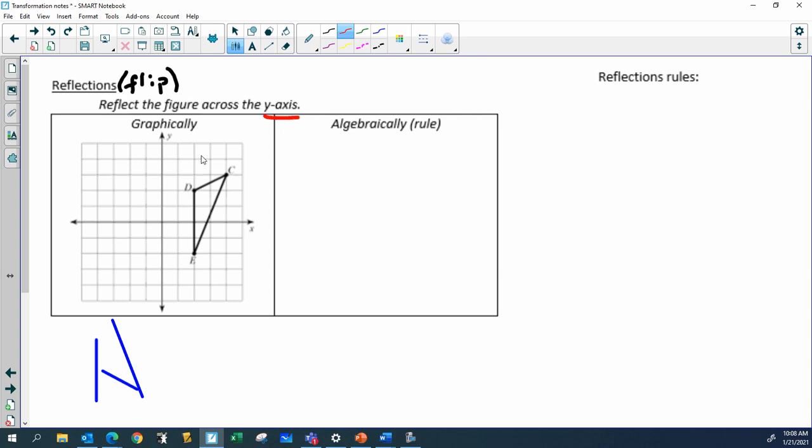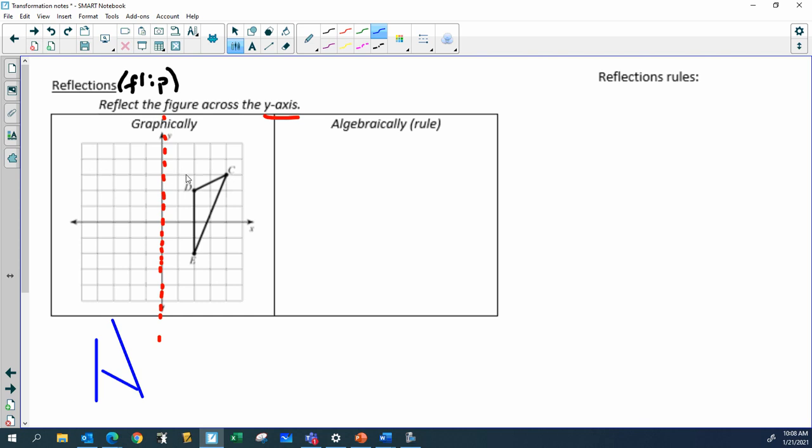So my first step is to always draw my line of symmetry in, or the line of reflection, so that I can identify where that is, and essentially in my mind where I'm folding this graph, where it's going to fold in order to map the pre-image, which is triangle C, to its image, which will be C prime, D prime, E prime. All right, so in this case, what we're going to do is take each individual point to represent this reflection graphically and reflect it across this line of symmetry.